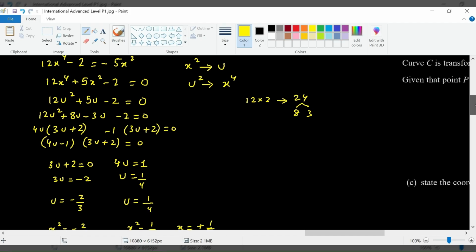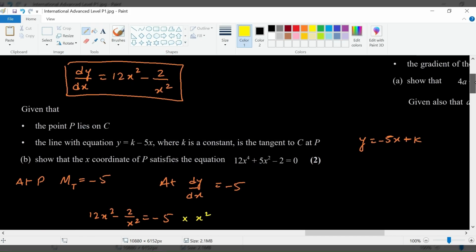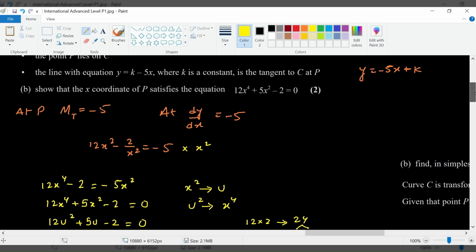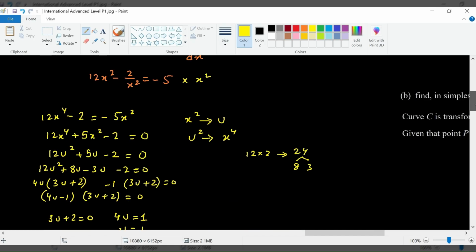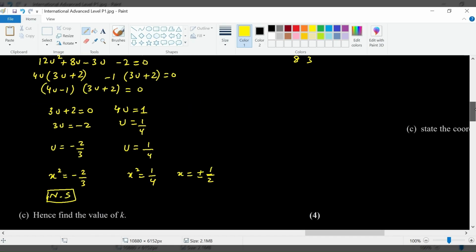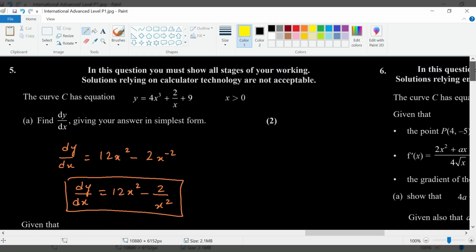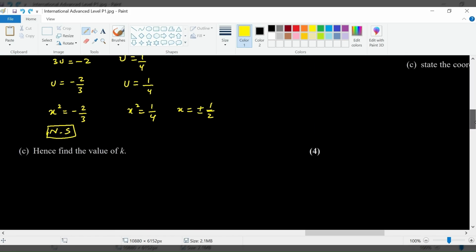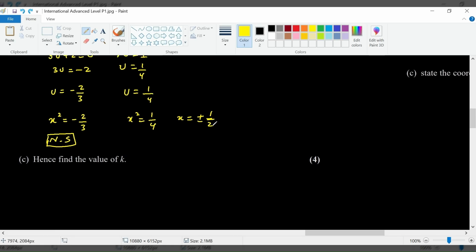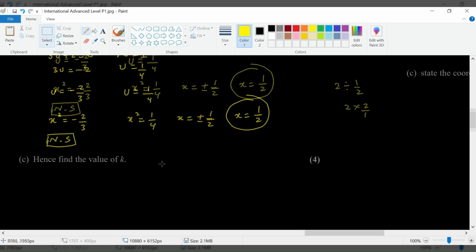But the question says that the value of x has to be greater than 0, as you can see over here. So we consider x equals positive 1 over 2. This value has to be considered.